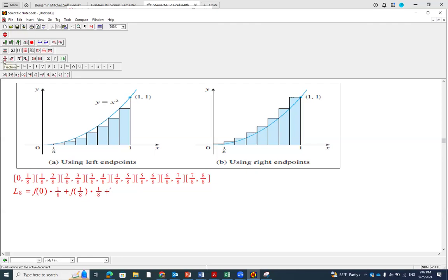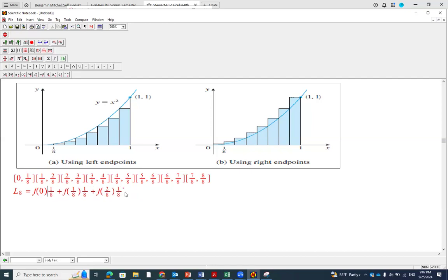Let's be patient with me. For the third interval we have f of 2/8, that's the height, multiplied by 1/8. We don't really need the dot.